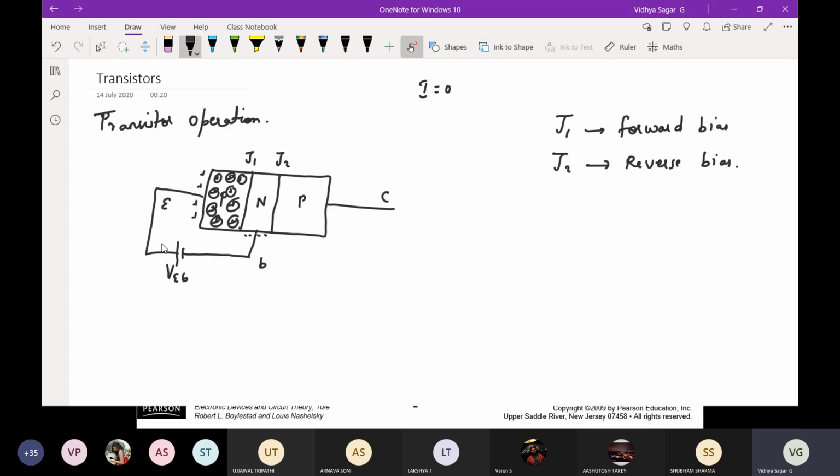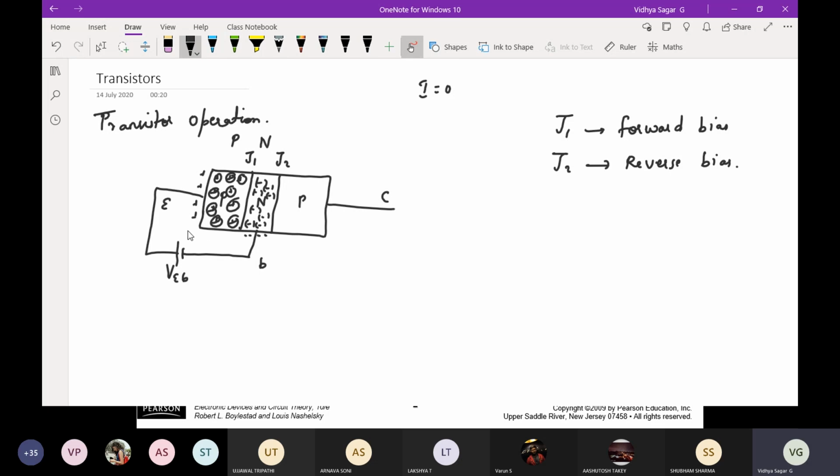Right. So whenever I apply a positive potential, what happens? What is the work done inside? This is electrons. It is junction J1, a PN junction, nothing but a diode. The operation of a diode will be performed here.